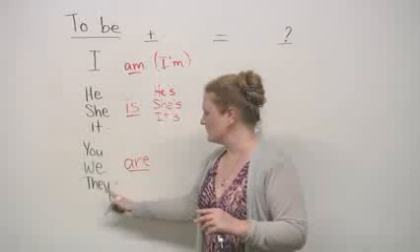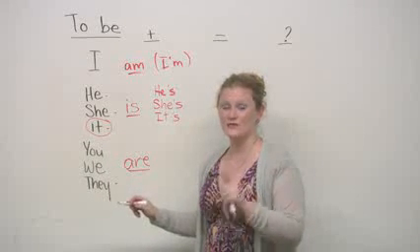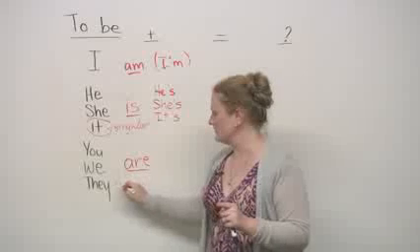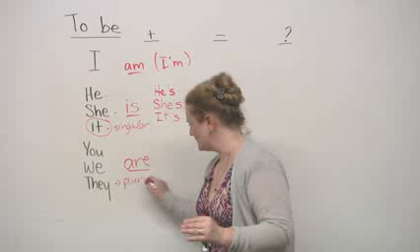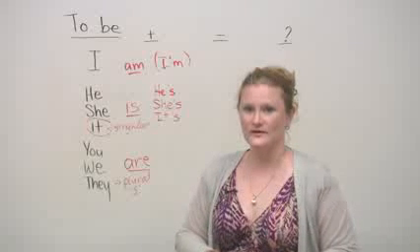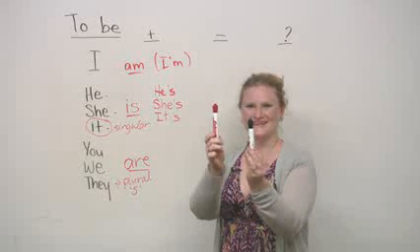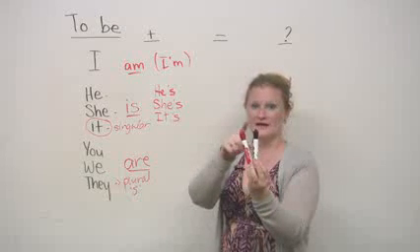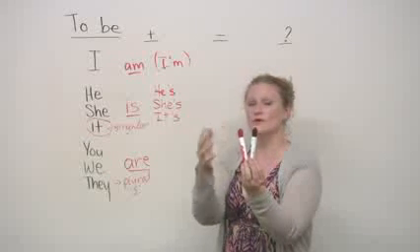The other meaning we use for they: I told you that it is for a singular noun or singular thing. We also use they for plural nouns. So if the noun is plural, it's going to have an S on the end. For example, I told you that it is red for one marker. Now I have two markers. I have to say they are black and red. So one is it, two or more are they.